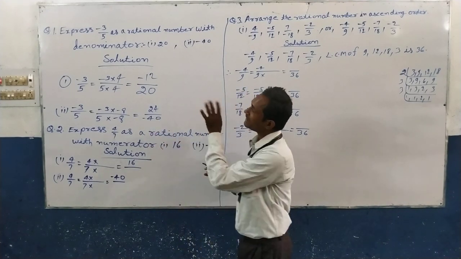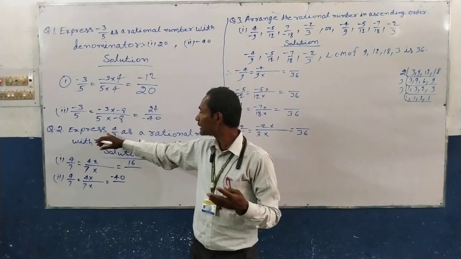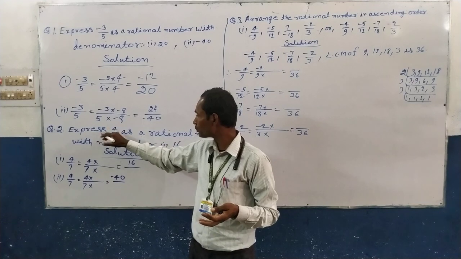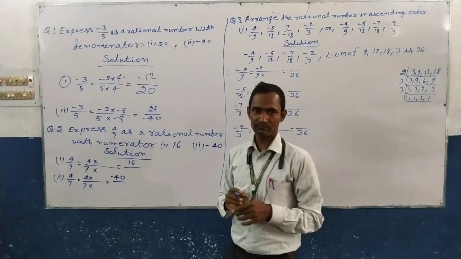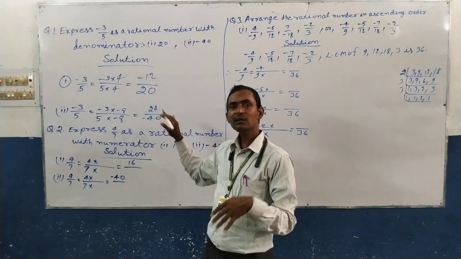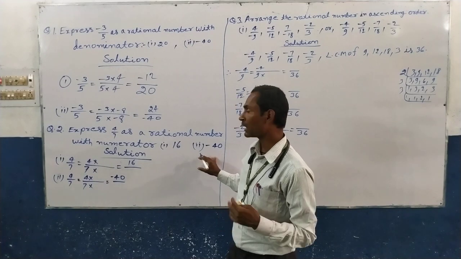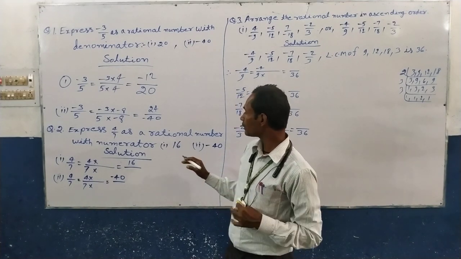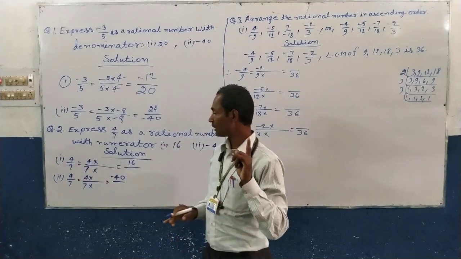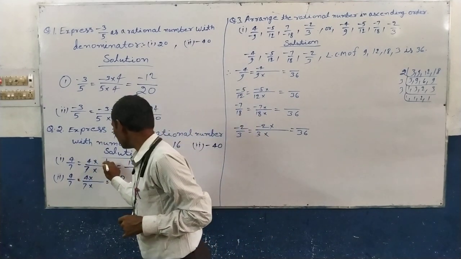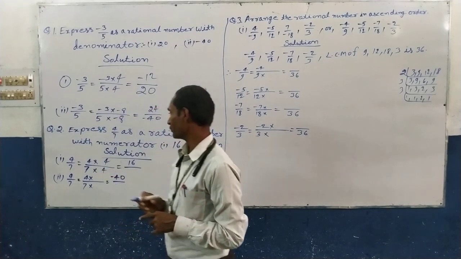Express, same type of question. We can take 4/7 as a rational number with numerator 16 and in the next numerator -40. So how can we find 16 from the 4? Multiplied by 4. Then 4 is multiplied in both numerator and denominator.